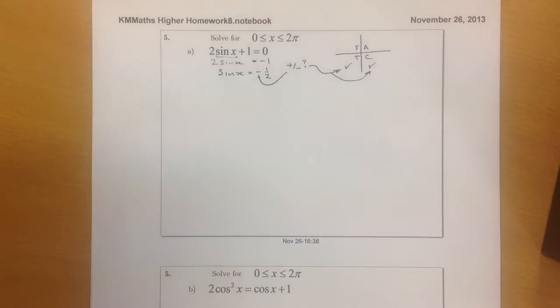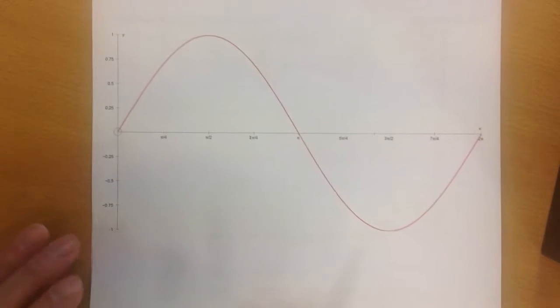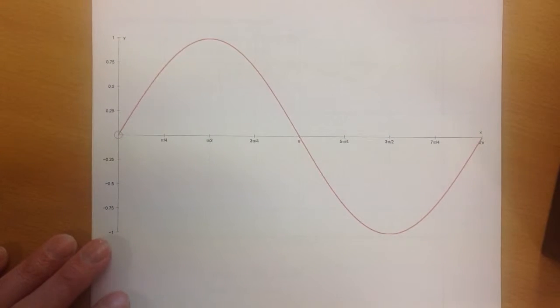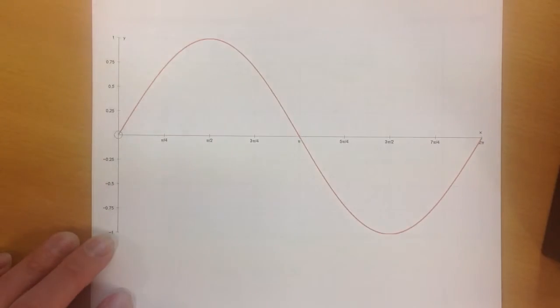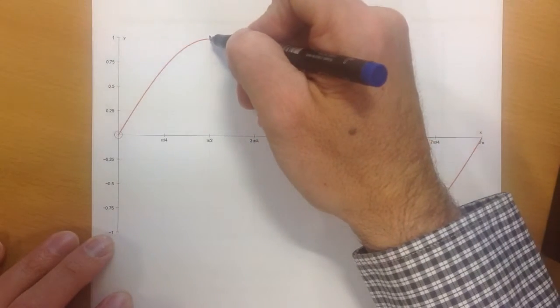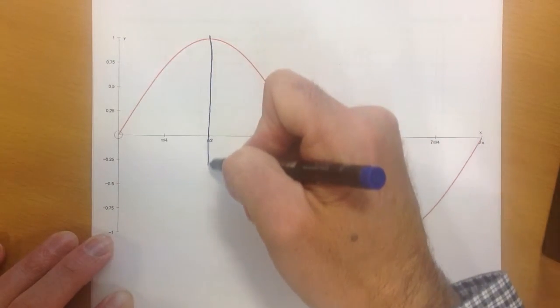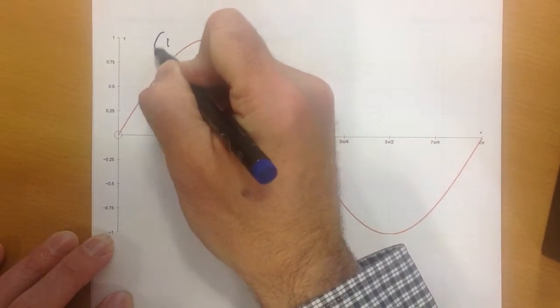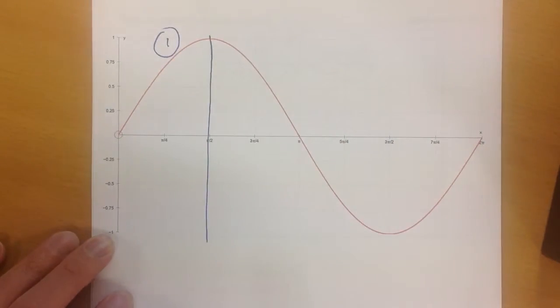If I can show you what we're actually doing in a graphical method. What I have here is a graph of y equals sine x. Up to there is 90 degrees. That there is my quadrant 1 on the CAST table.